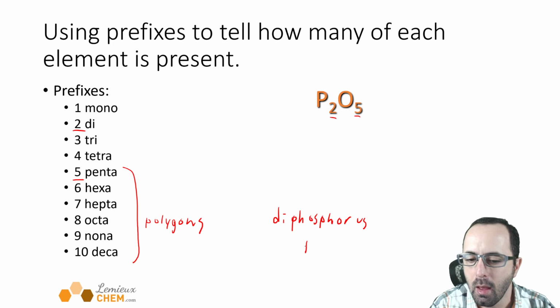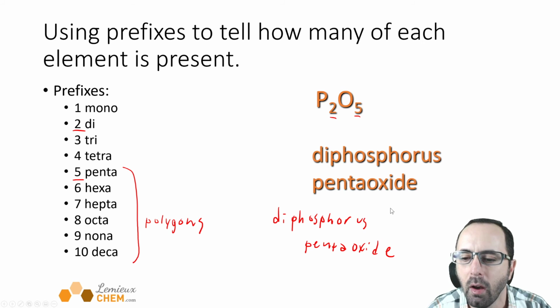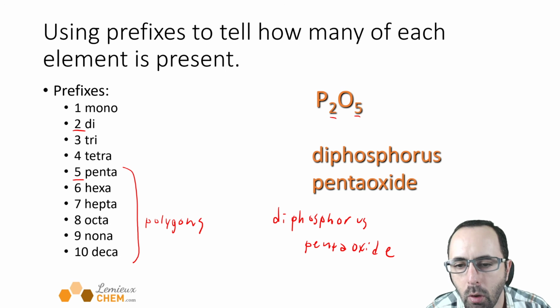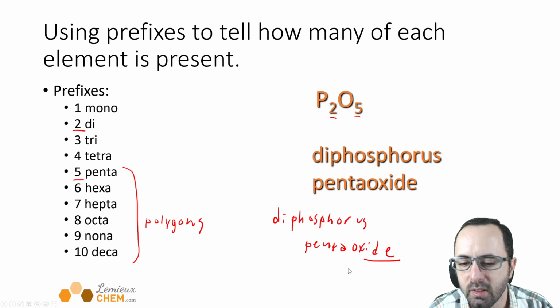So we're going to say pentaoxide, or some people say pentoxide. That's okay too. Diphosphorus pentaoxide. And that's how we'll write the name for covalent compounds. We always end with "ide" for the binary covalent compound. So we don't say diphosphorus pentaoxygen, we end with "ide" on the second one.